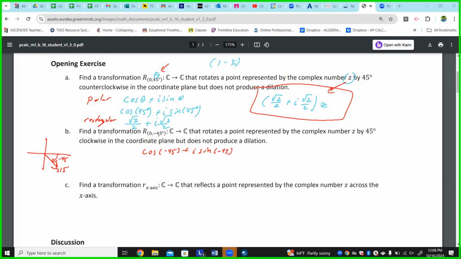So rather than trying to figure out where negative 45 is, you could have taken theta here and added 360 to it to get to 315 as well. Regardless, this is the same as 315, so what's cosine?